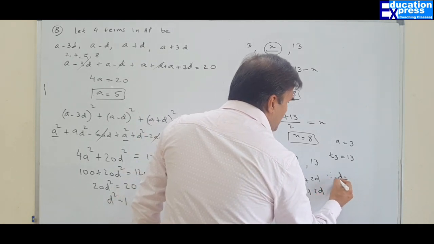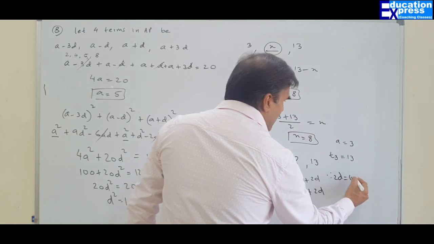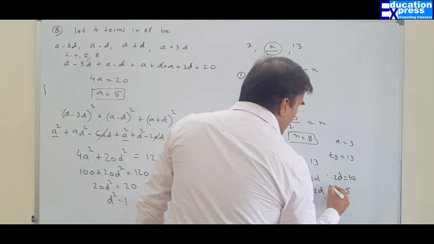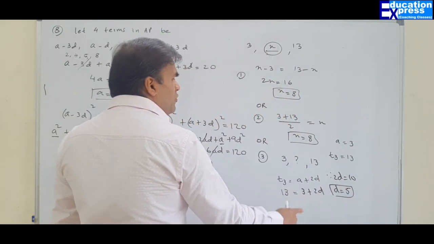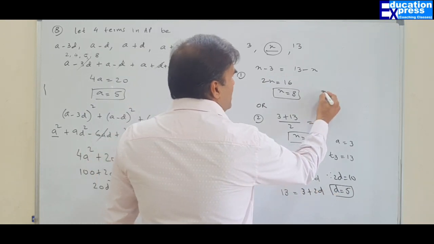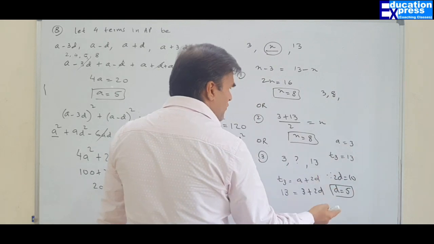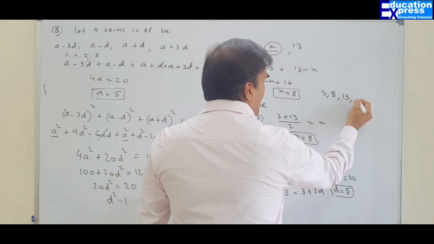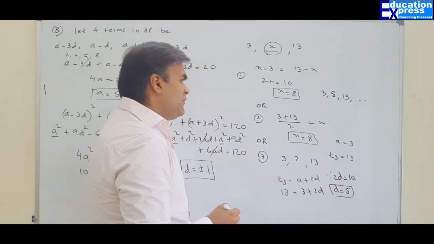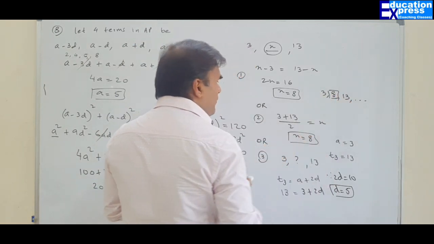Therefore 2d equals 10 and d equals 5. Since d is 5 and the first term is 3, the second term would be 3 plus 5, 8. The third term would be 8 plus 5, 13, and so on. So this way also we can get the value of d.